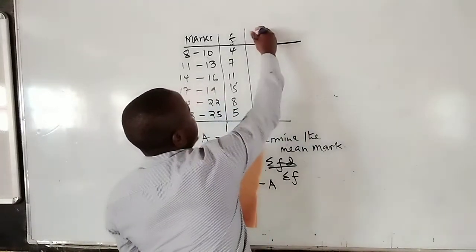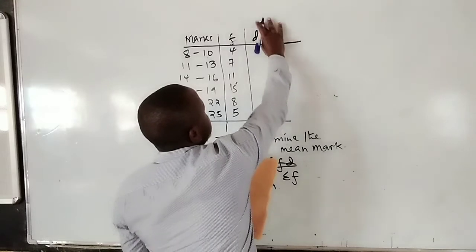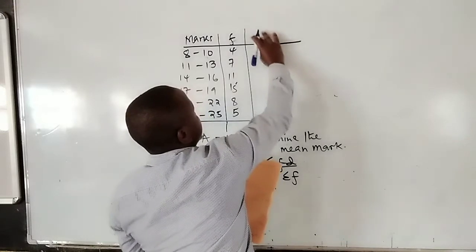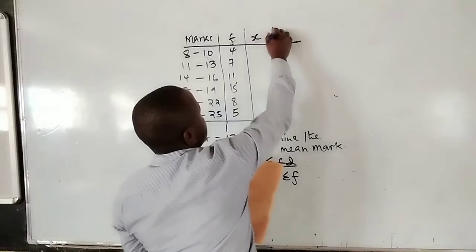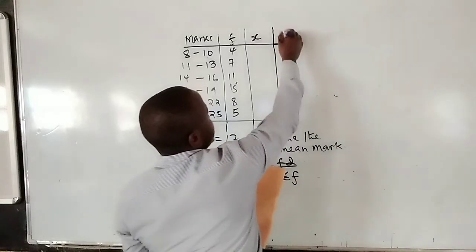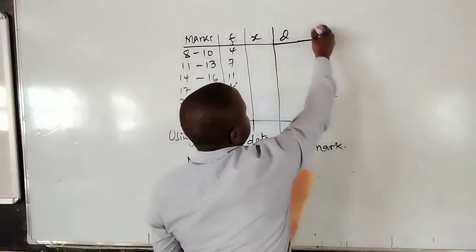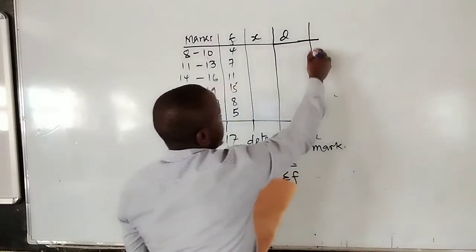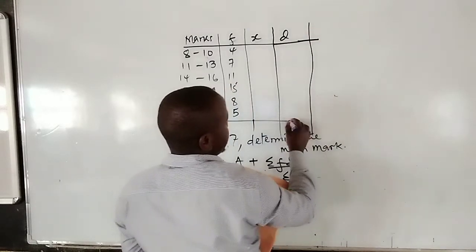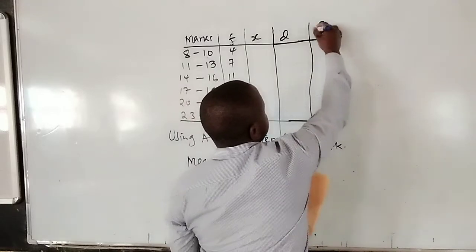Therefore we can start with the midpoints X. After that we get D, which is the midpoint minus the assumed mean. Then we get our FD here.